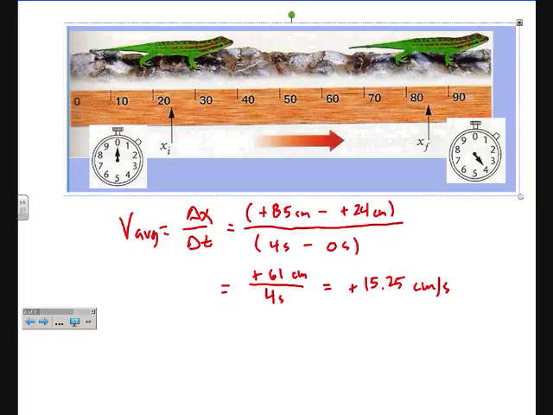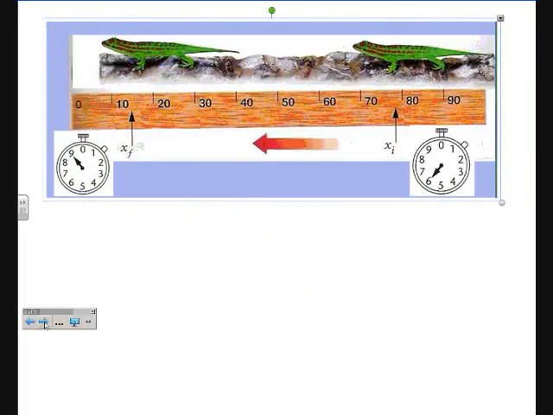So when you run that through, you should end up with positive 15.25 centimeters per second. Sig figs aren't right, but at this point, let's not worry about that. Okay? Here's the second gecko picture. Do exactly the same thing that I just did.